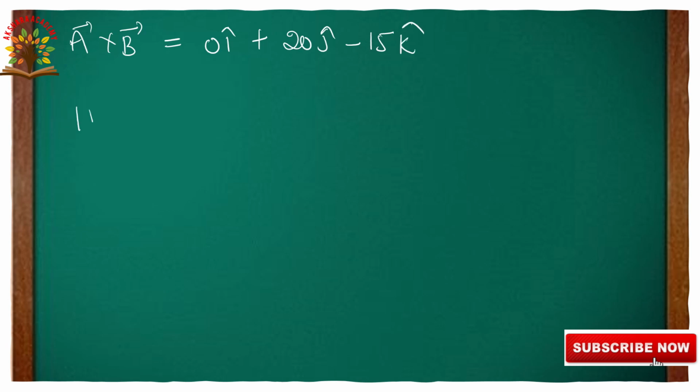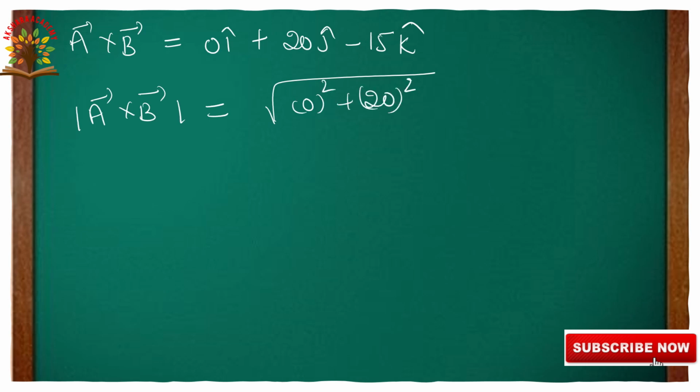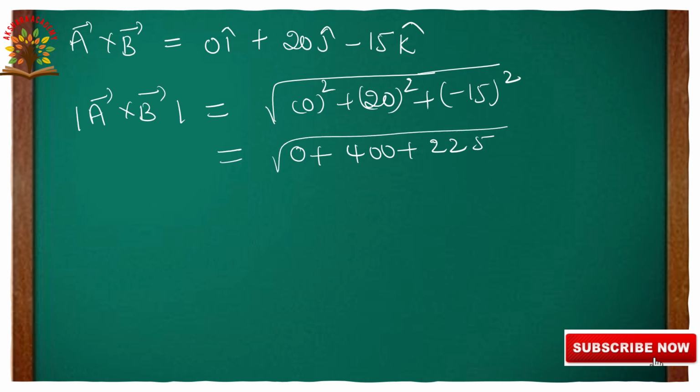Now we are finding modulus of A bar cross B bar, which equals root of 0 squared plus 20 squared plus minus 15 squared. So that is 0, 400 and 225. 0 plus 400 plus 225 gives 625.